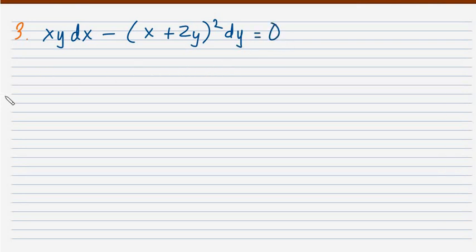In our previous two problems, we always used y is equal to vx, but in this case, it is simpler to use the substitution x is equal to vy, because differential x is simply multiplied to a single term, xy, rather than here, where you have to expand x plus 2y. So both of them, by the way, are homogeneous, and both of them are of the second degree.